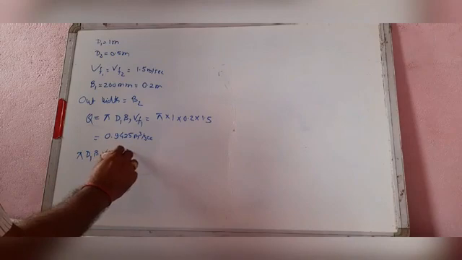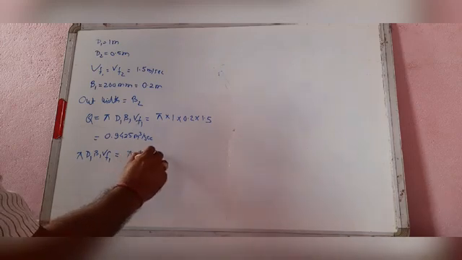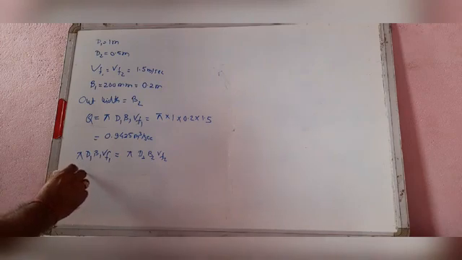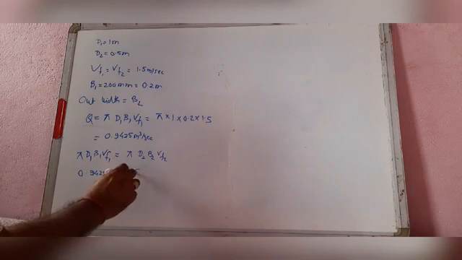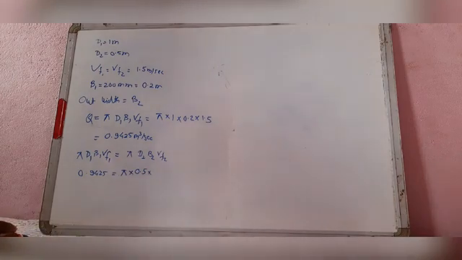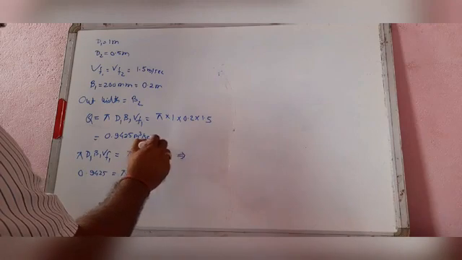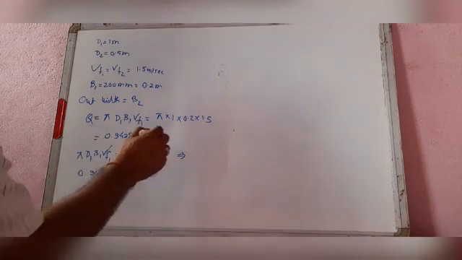So this is equal to pi D2 B2 Vf2. This is constant. So putting the value here, 0.9425 equal to pi into 0.5 B2. Or we can slightly modify this by cancelling pi with pi, Vf1 with Vf2, both are same.